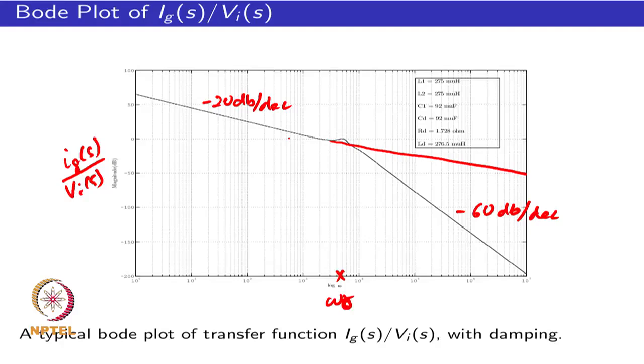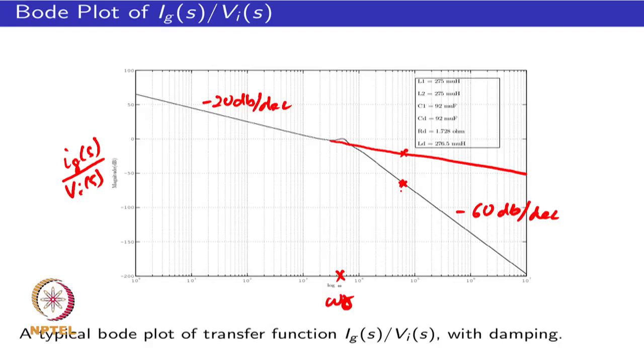So if you are considering say a frequency such as 10 kilohertz, this would correspond to around 6 into 10 to the power of 4 radians per second. So you are looking at essentially this point on the LCL filter and this point on the L filter. You have attenuation difference of about 40 dB. So you get an improvement in attenuation by a factor of 100 for the LCL filter compared to L filter.